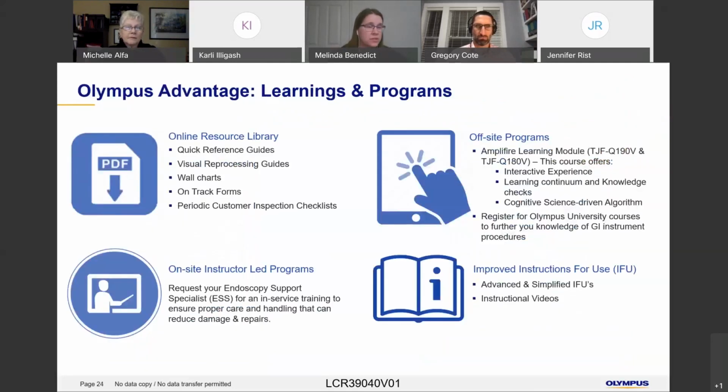Other Olympus resources available to you: we have an online resource library with things like wall charts, on-track forms, checklists. We are still doing instructor-led programs, not large ones right now, but if you are an Olympus customer with a service contract, your endoscopy support specialists are available to come into your facility and help you with your reprocessing and repair reduction needs.